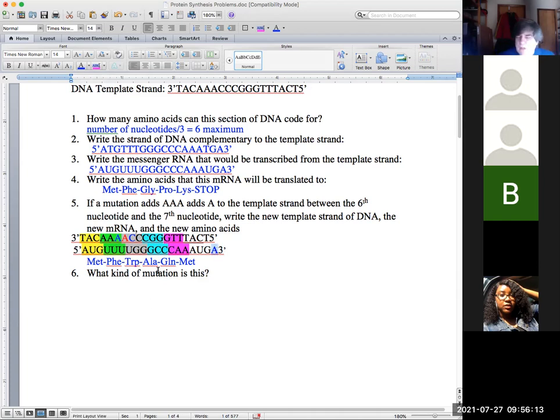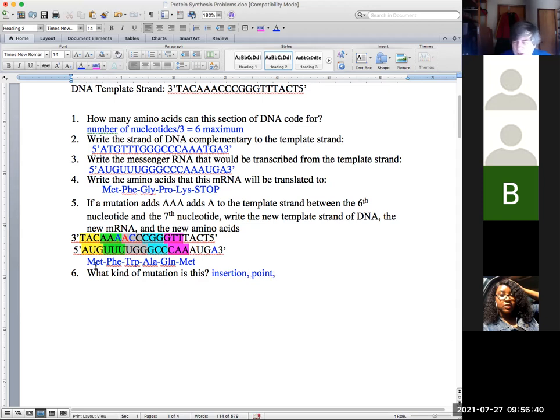Now, what type of mutation is this? Well, remember what we said earlier. If you have a mutation and you put an extra nucleotide in there, that's a type of mutation called an insertion mutation. And since all we did was add 1 letter, that also means it's a point mutation.